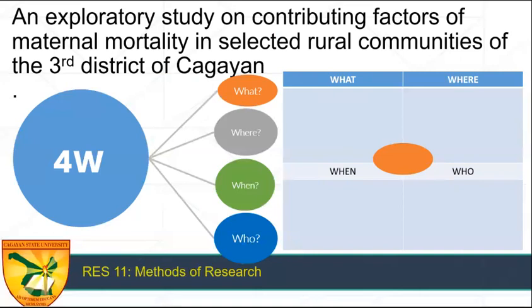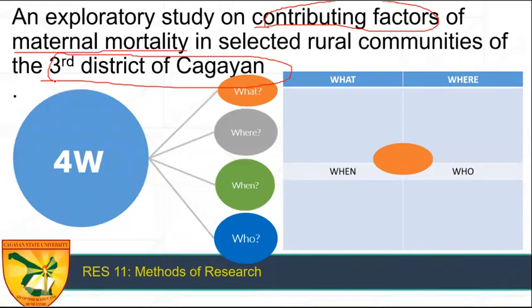Okay, so what is the topic? Yes, that's maternal mortality. And the what is the contributing factors. For where, that's easy, the 3rd District of Cagayan. So we have here rural communities, but we specifically say selected rural communities.